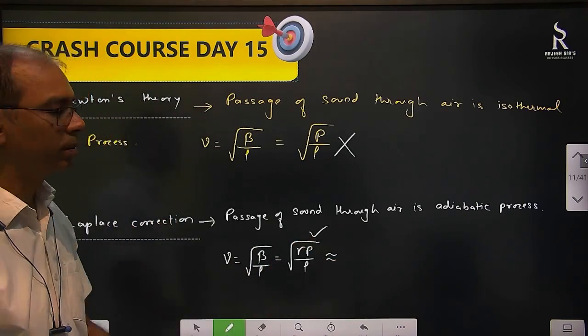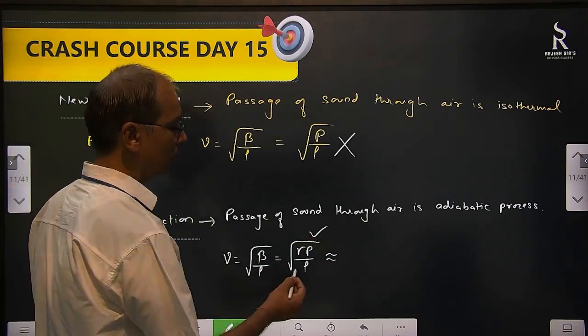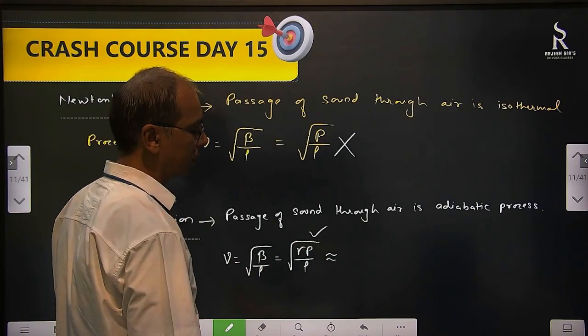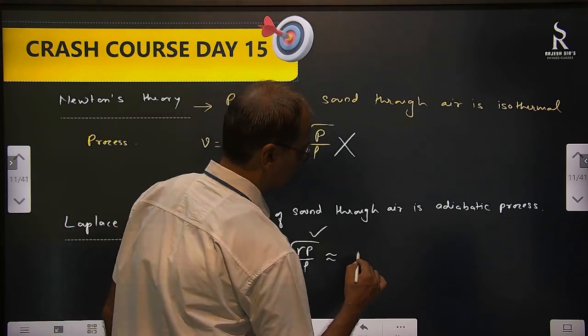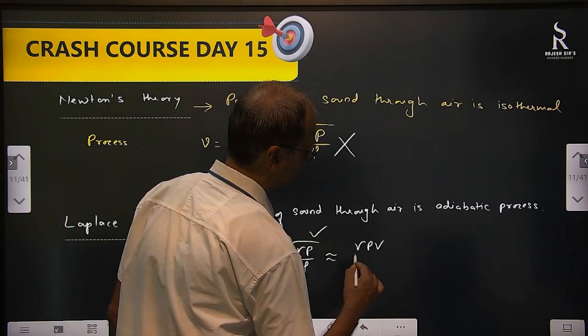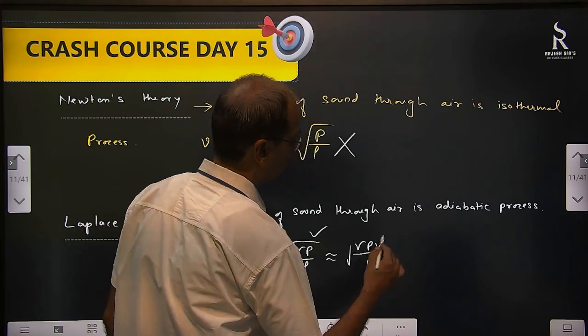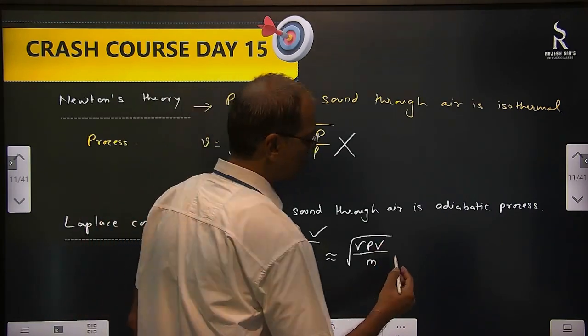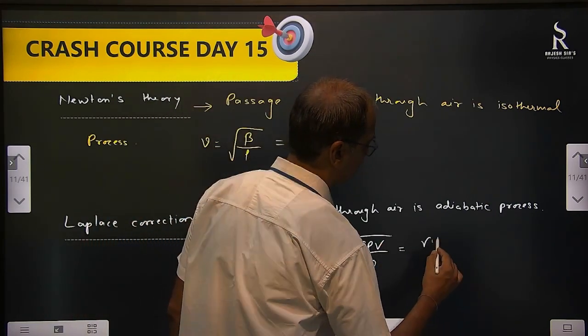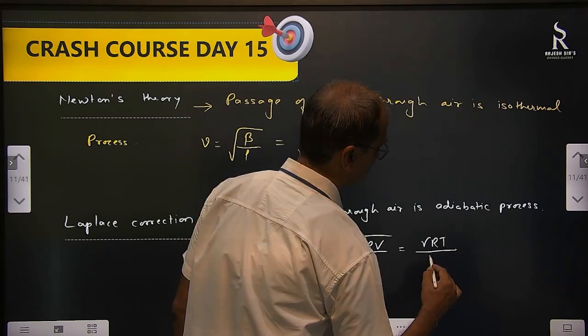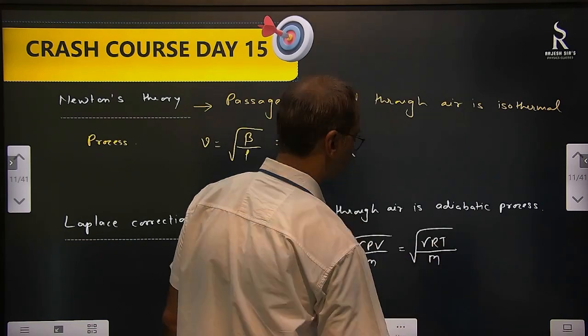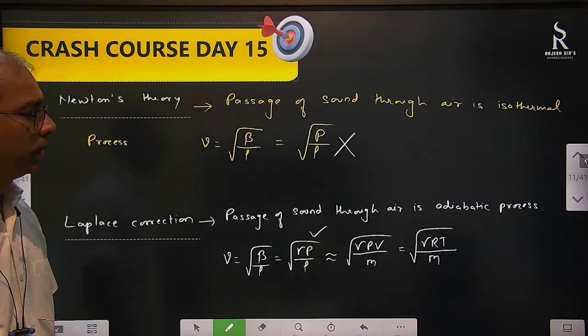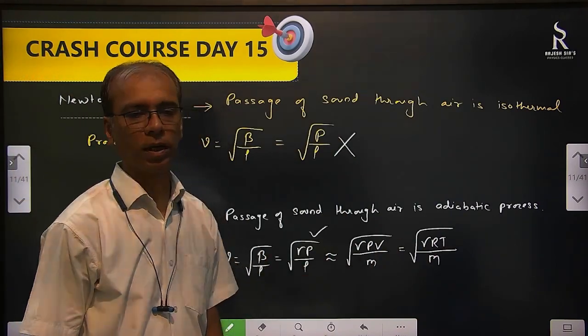So it's gamma P by rho, which further we all know that this rho we can write as mass by volume. So this can be written as gamma PV by mass of the gas, and PV is nRT, we all know. So finally we get gamma RT by molecular mass of the gas. Okay, this is mass of the gas, this is molecular mass of the gas.